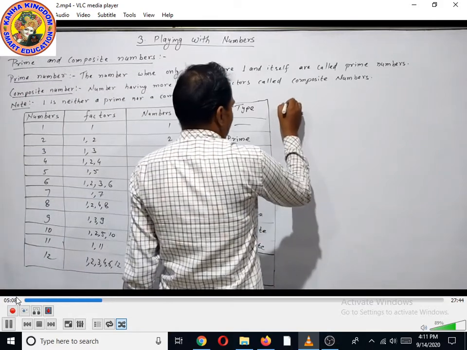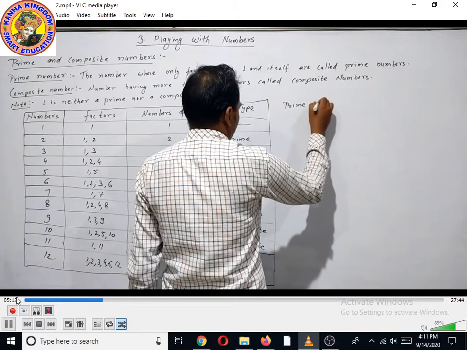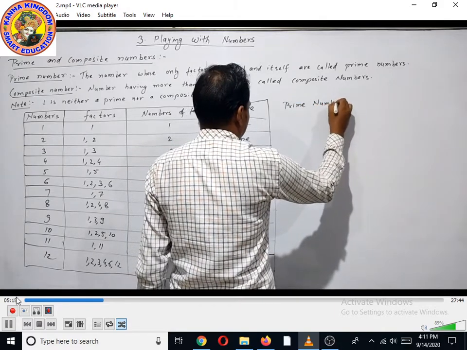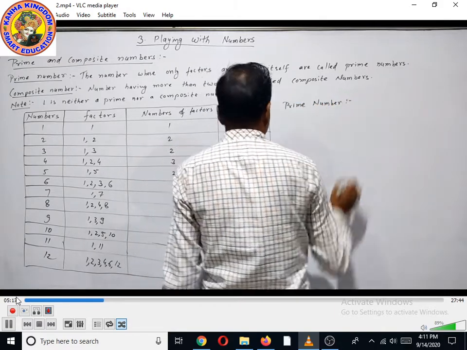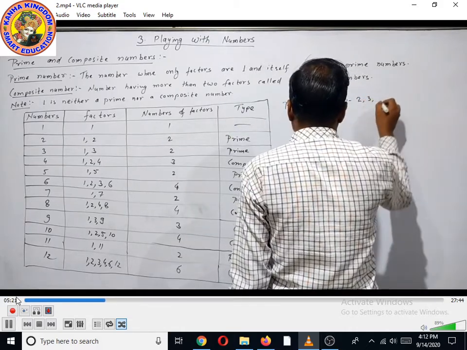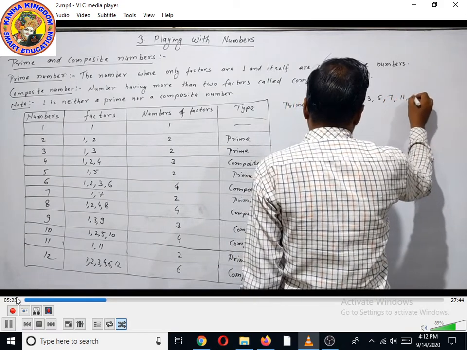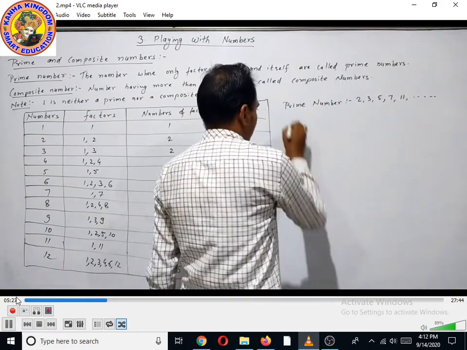Now I am writing the prime numbers. Prime numbers are 2, 3, 5, 7, 11 and many more.